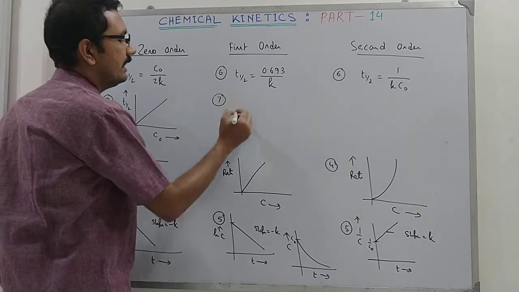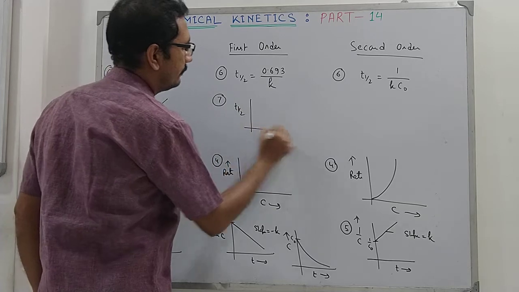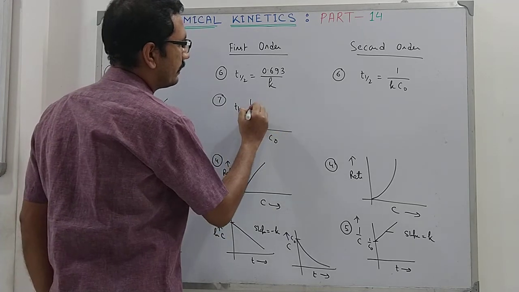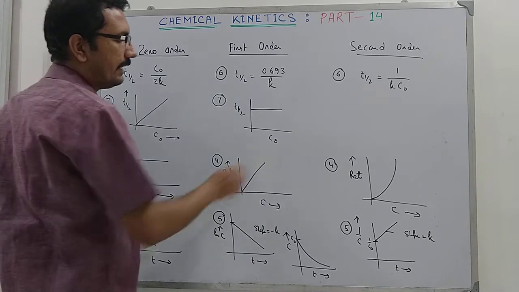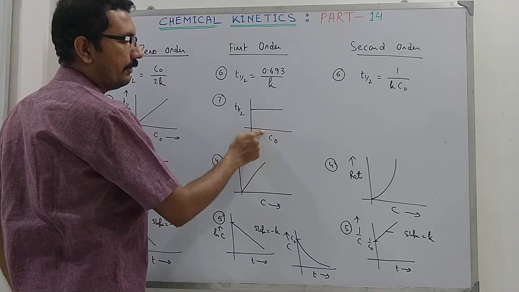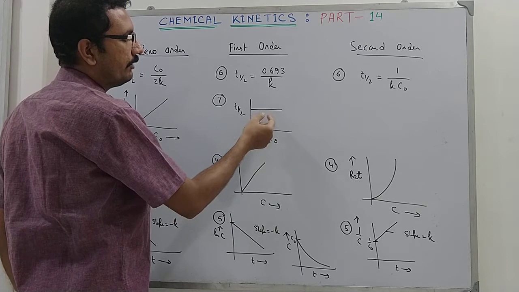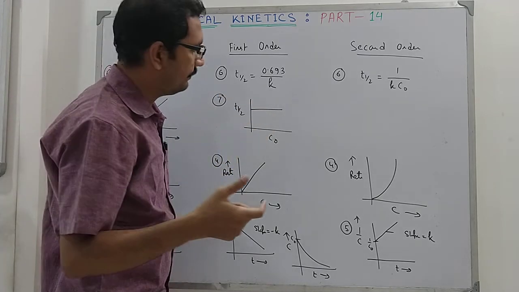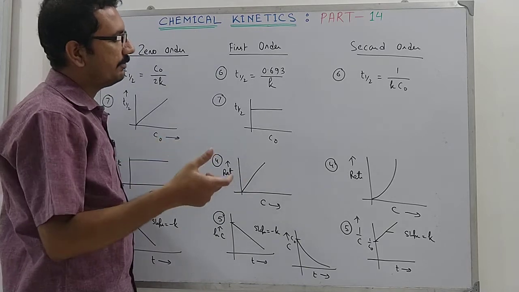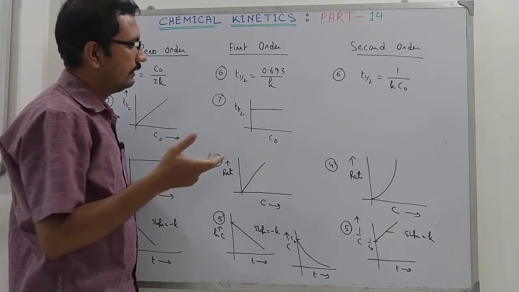And here, when we plot T half versus initial concentration, it gives us a straight line since this is constant. So as the reaction proceeds and the concentration falls, the time required for 50% completion remains the same. That is, for each half-life, for each 50% completion, a finite time is required.